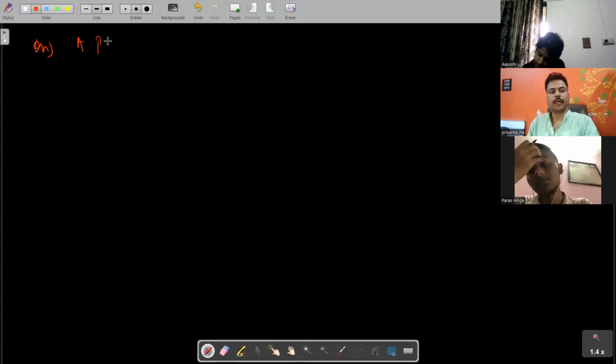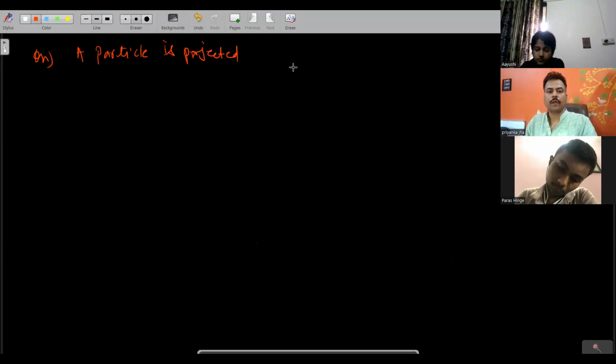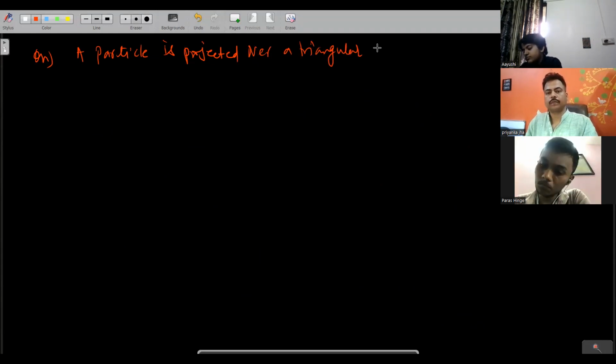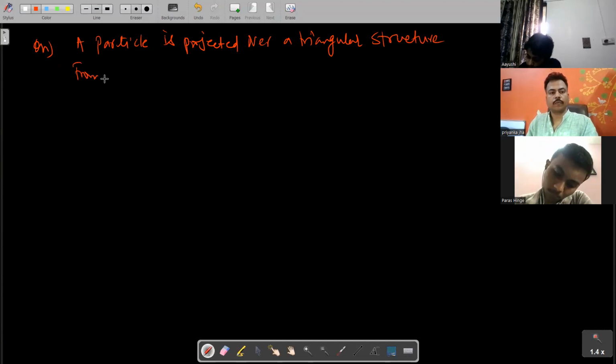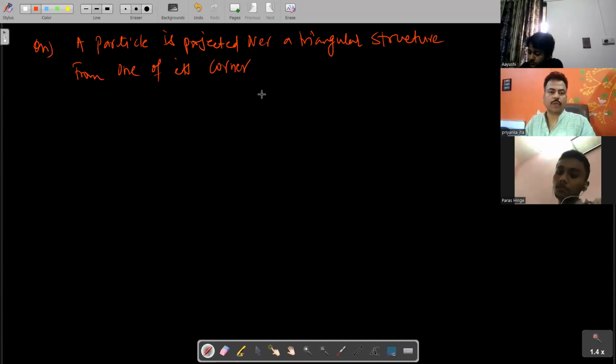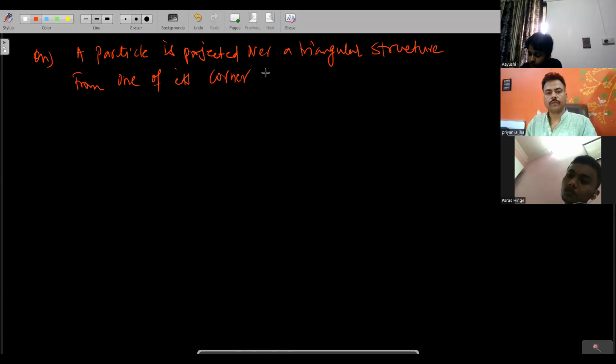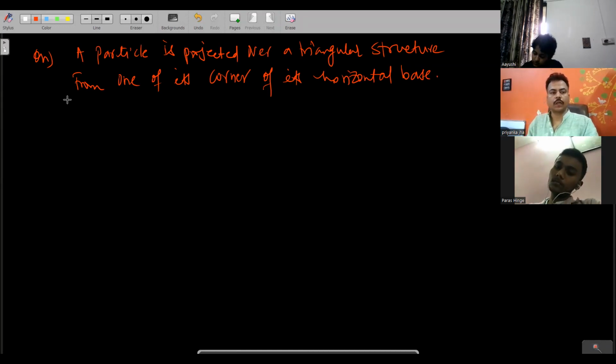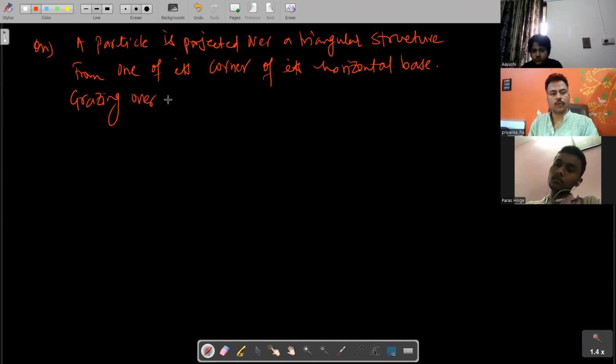Question is: a particle is projected over a triangular structure from one of its corners of its horizontal base, grazing over its top vertex.